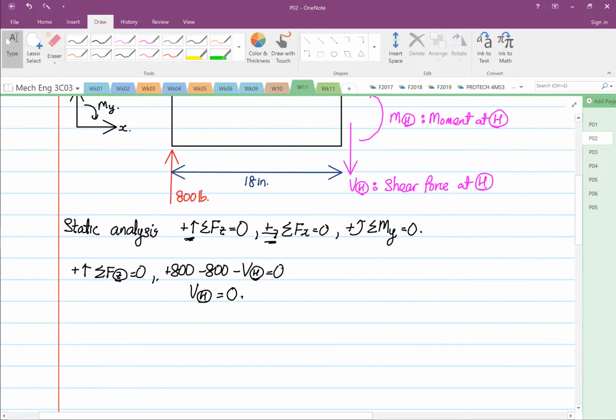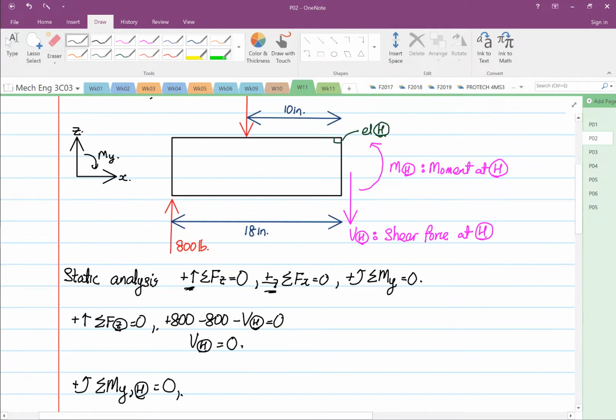Then we do summation of moment in the y direction at point H equal to 0. We fix this point and then take the moment. The first 800 times 18: with this point fixed, it induces a clockwise direction, so it's negative.